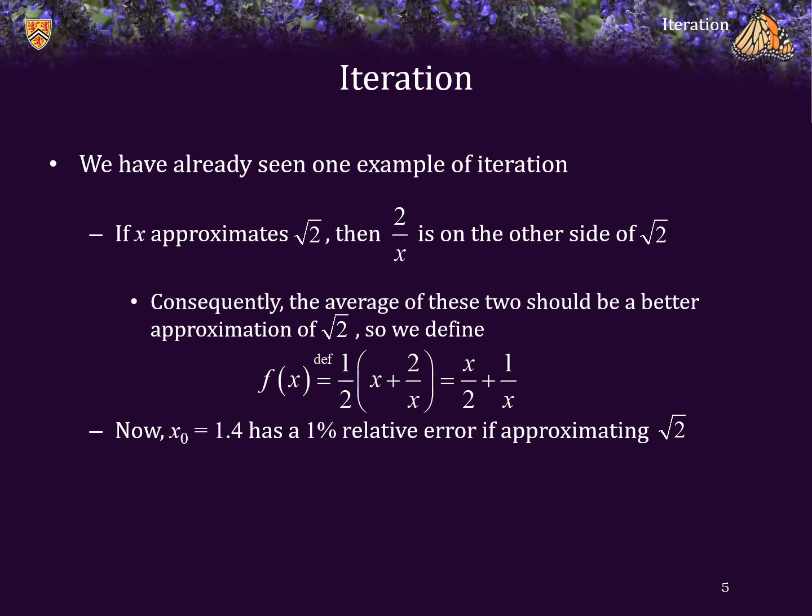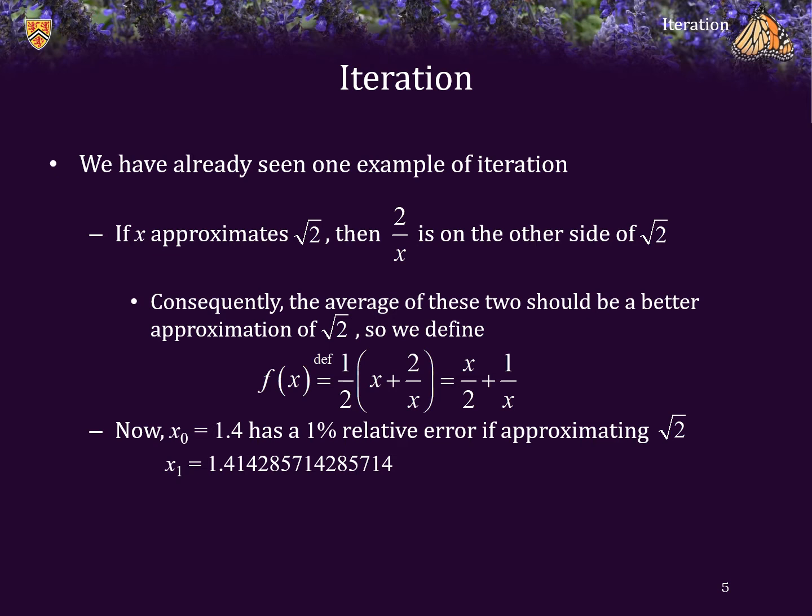Now, if our initial approximation to the square root of 2 is x naught equaling 1.4, well, 1.4 has a 1% relative error in approximating the square root of 2. Well, applying this function f, we already seem to have a better approximation, 1.14.